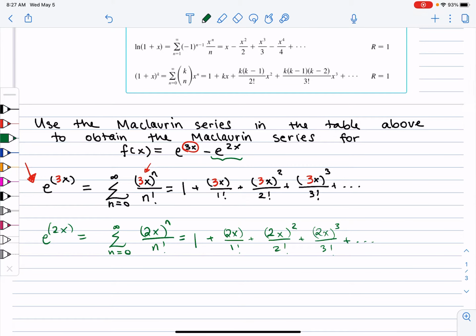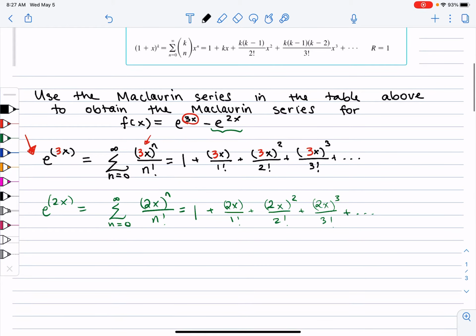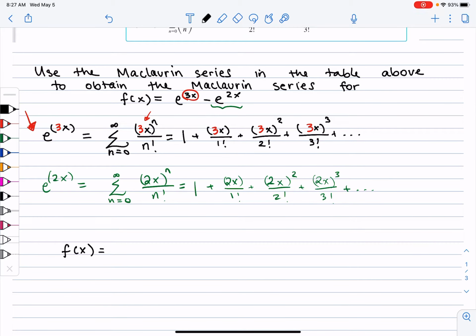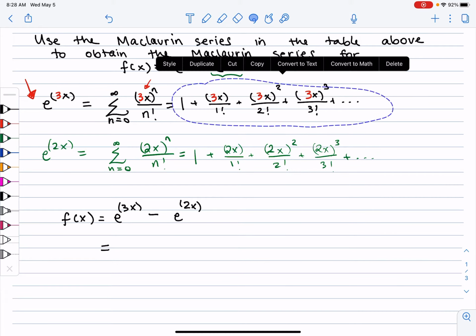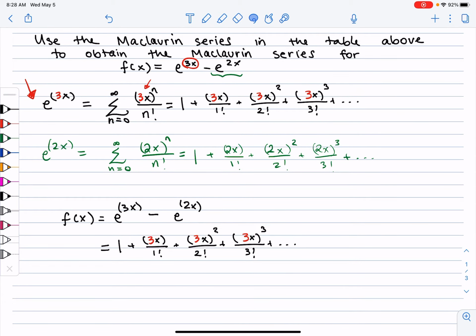So now, since we are looking for f of x, we can say that f of x is equal to e to the 3x minus e to the 2x. Well, e to the 3x, if we decide to expand, is nothing other than this part here. So e to the 3x is that.